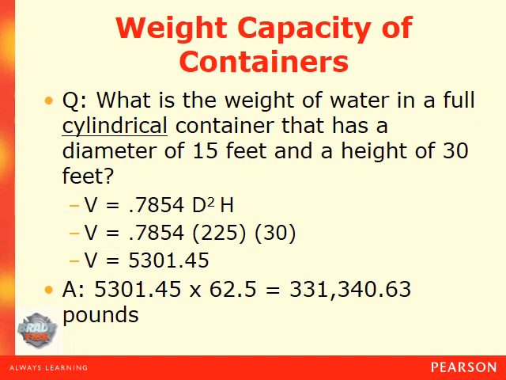So 15 times 15, 225, times our height of 30, times 0.7854 gives us a volume of 5,301.45. And then, of course, we multiply that by our constant, 62.5, to give us the grand total weight of 340.63 pounds.